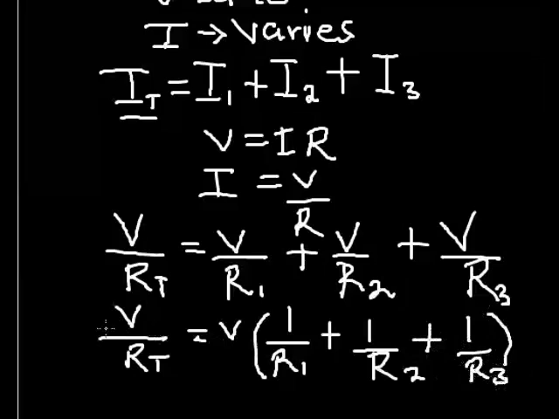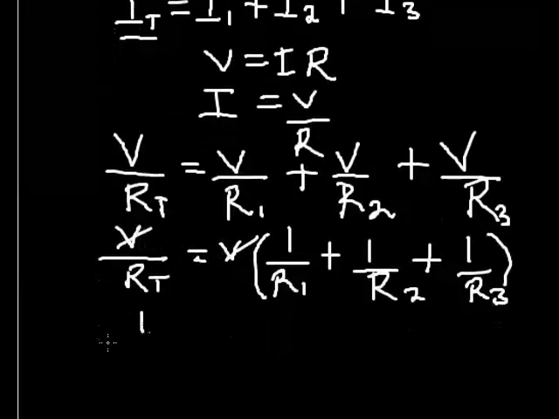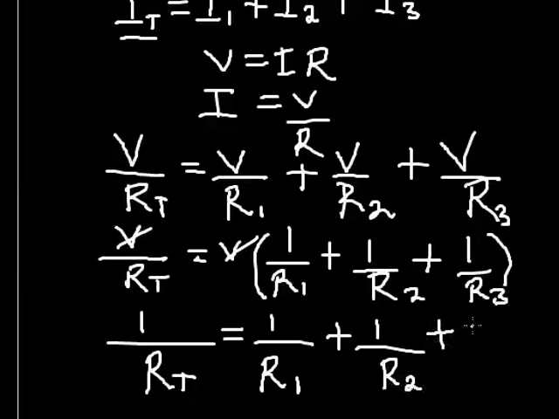You know what happened? V is found in the same position, the numerator, on both sides of the equation, so they will cancel out. So that you are left with 1 all over RT is equal to 1 all over R1 plus 1 all over R2, then plus 1 all over R3.